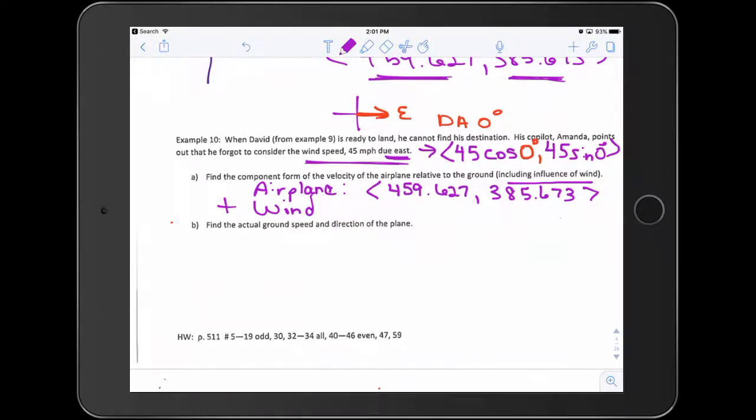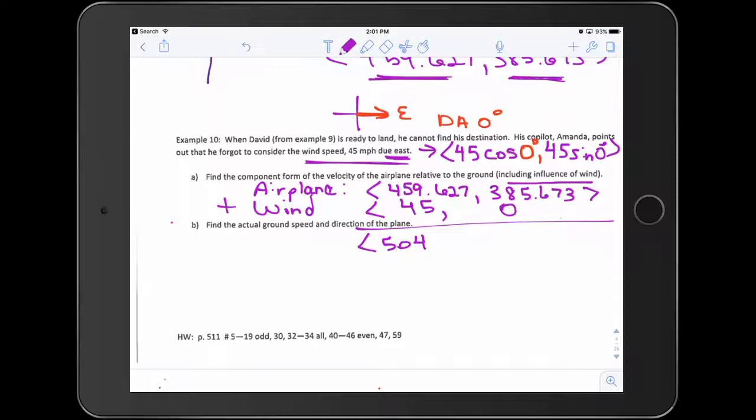So I'm going to calculate that really quick for 45 cosine 0. You'll realize very quickly it's 45. 45 sine 0 is going to be 0, and if you think about that logically, it makes absolute sense. You add these two together, and you end up with a vector of 504.627, 385.673.